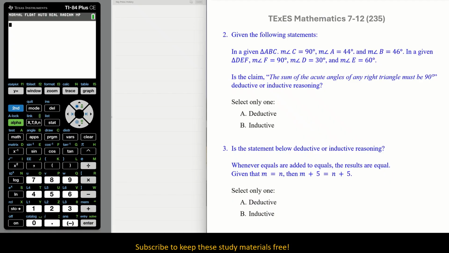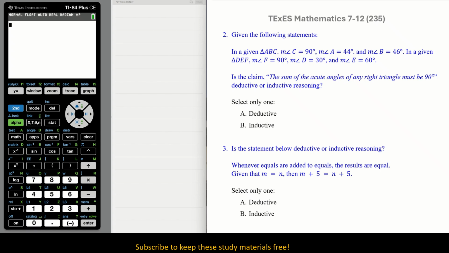Number 2, given the following statements, in a given triangle ABC, measure angle C equals 90, measure angle A equals 44, and measure angle B equals 46.